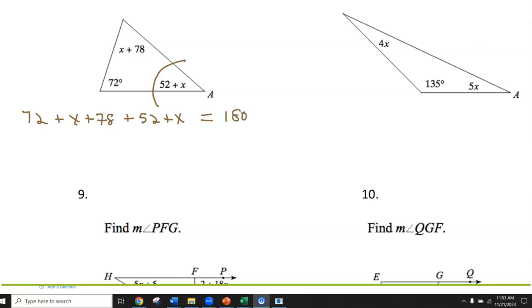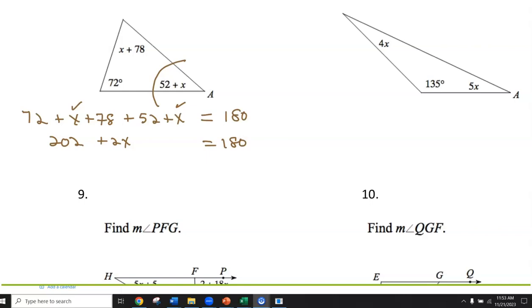Okay, add all your like terms together. I'm going to say 72 plus 78 plus 52. What's that going to equal? Those are going to be 202 degrees in angles. Now add your x's. I have an x here and an x here. So that's plus 2x equals 180.